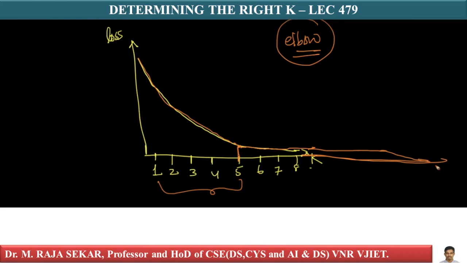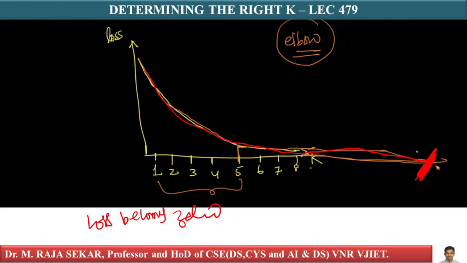When you sum them up, the total loss should be 0. When k equal to n, your loss becomes 0. Which means in this plot, as k increases, your loss will decrease, and where k equal to n, your loss becomes 0.